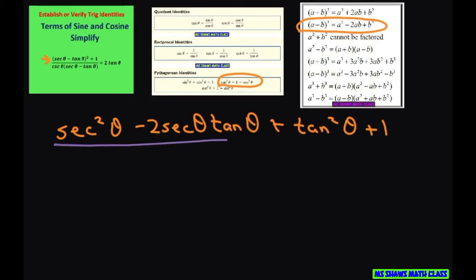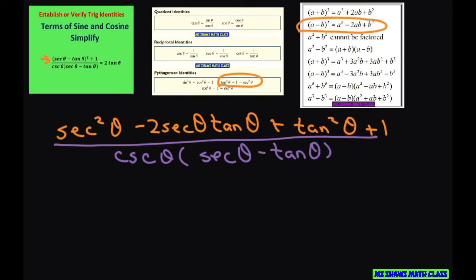We can write our denominator here if we want. So we have cosecant theta times secant theta minus tan theta. So the next step I'm going to do is write this as secant squared. So if this is secant squared, then I have secant squared plus secant squared is 2 secant squared.